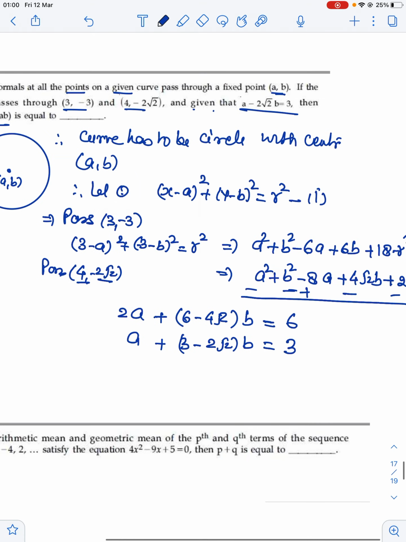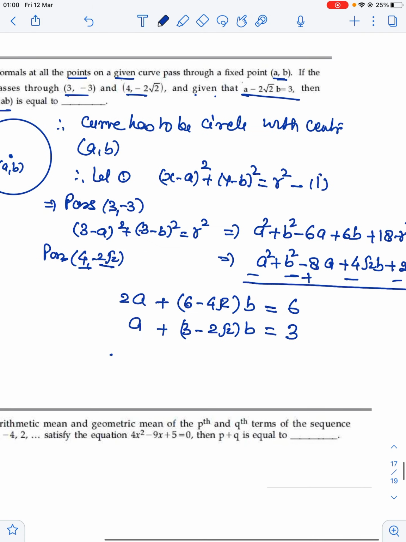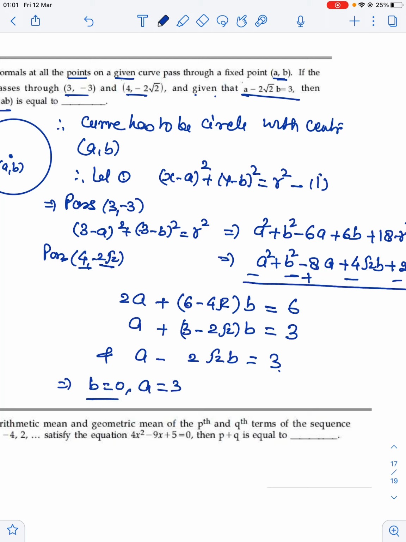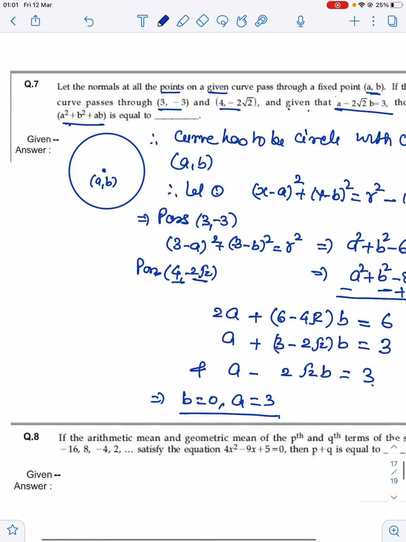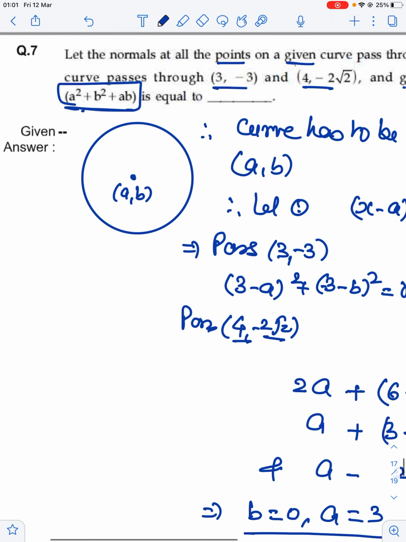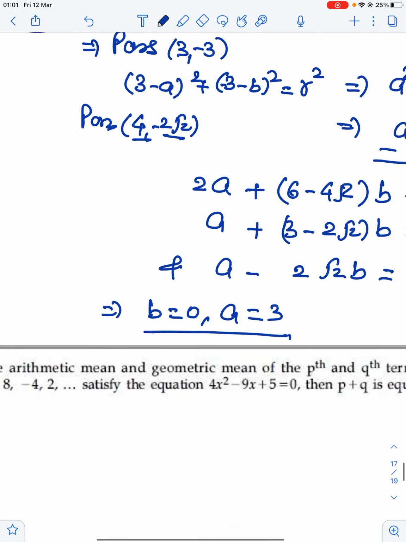And they have given already another equation: a minus 2 root 2 b is equal to 3. So it can be clearly seen that b equal to 0 and a equal to 3 is the only possibility. So when b equal to 0 and a equal to 3, we can put in the required expression, which is a square plus b square plus ab. So the ab term is cancelled, the b square term is cancelled, so a is equal to 3, hence this value comes out to be 9.